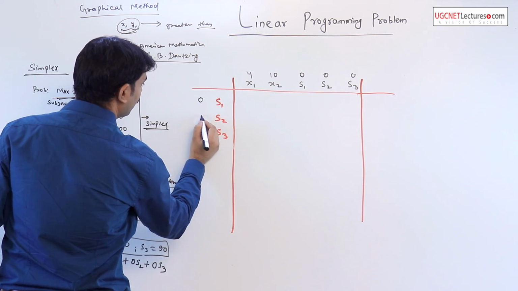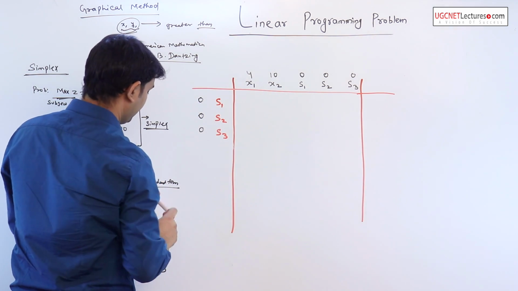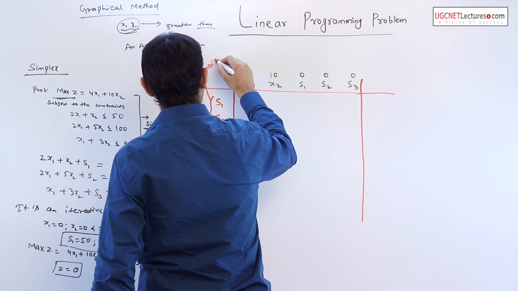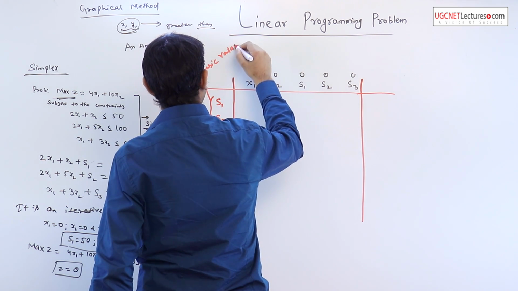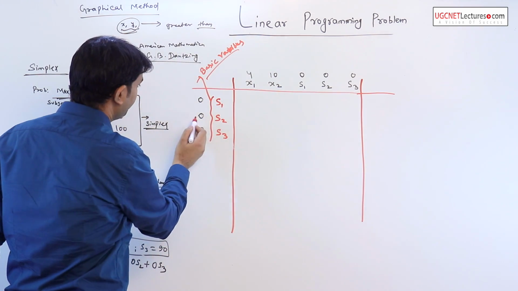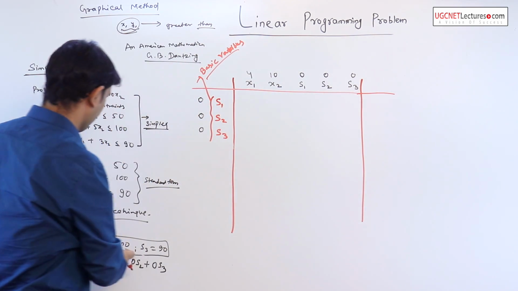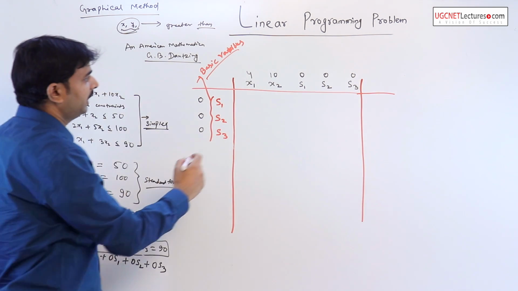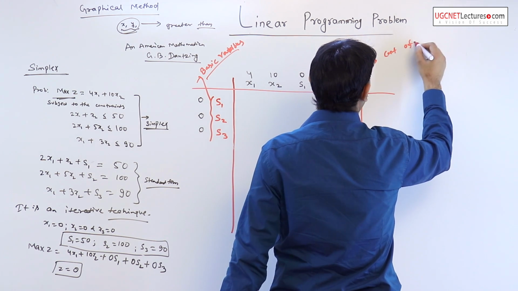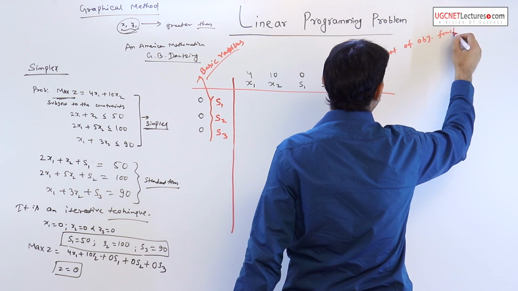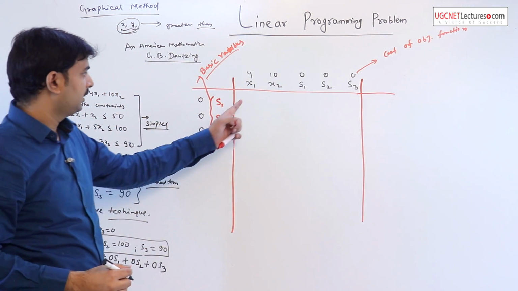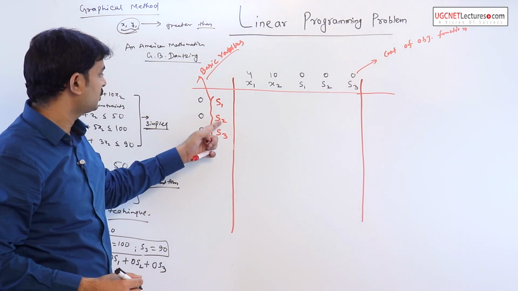Here these are known as basic variables, and this is the coefficient of the basic variables from the objective function.